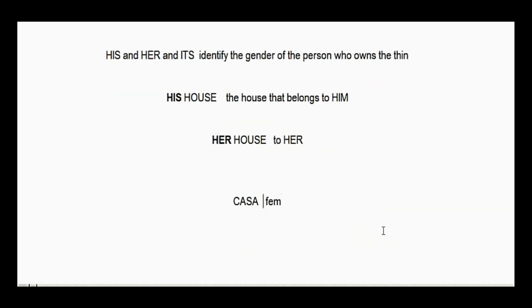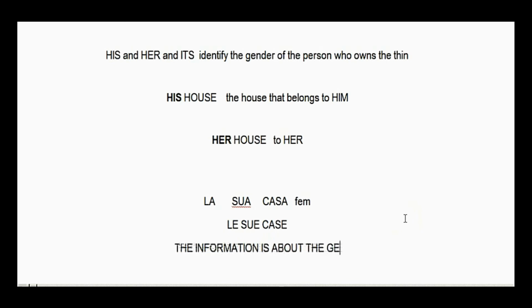In Italian, the adjective must agree with the gender of the noun. So casa is feminine, la casa, it would be la sua casa, and that means both his house or her house. Le sue case, if either he or she owns more than one house, two houses, it would be le sue case. We do not have any information about the gender of the person who owns.